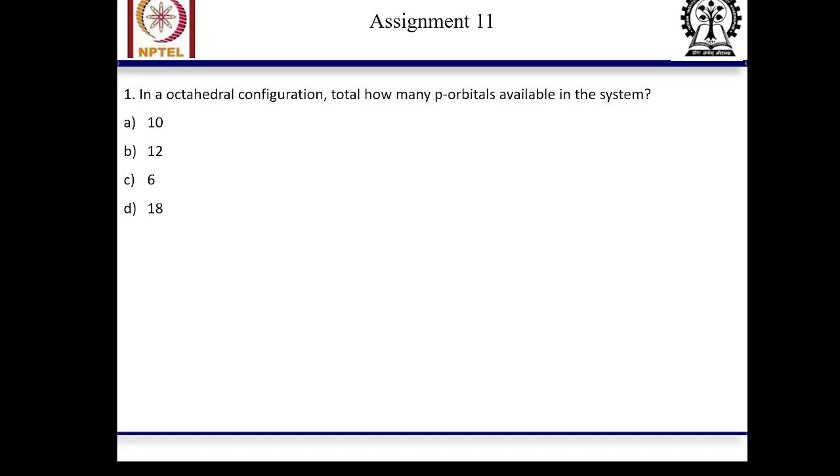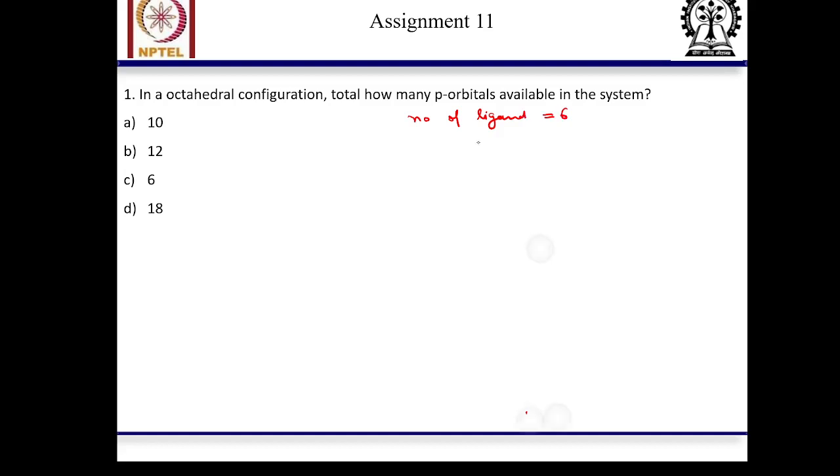Okay, so let me tell you the correct answer for this octahedral configuration. In octahedral, the number of ligands is 6.